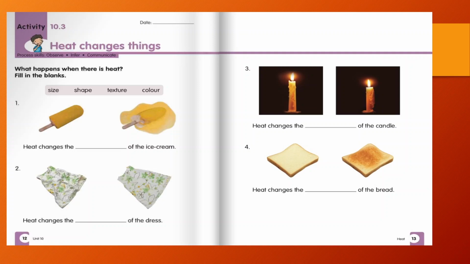Number one, heat changes the shape of the ice cream. Number two, heat changes the texture of the dress. Number three, heat changes the size of the candle. And number four, heat changes the color of the bread. Fantastic.